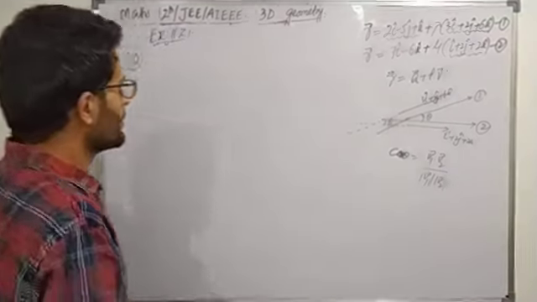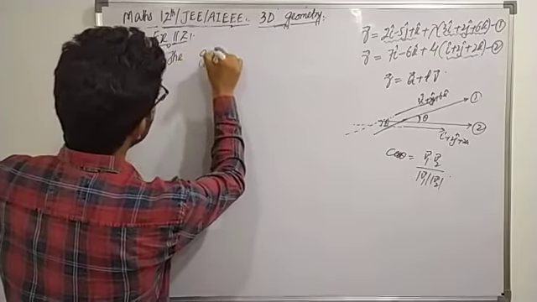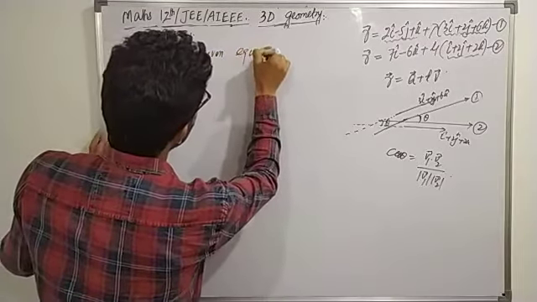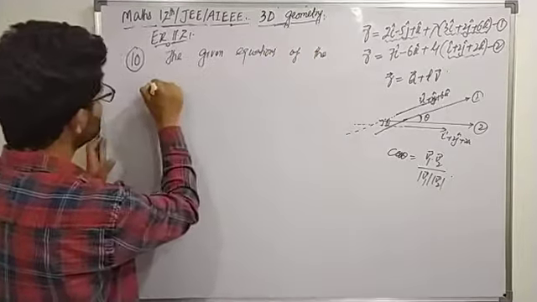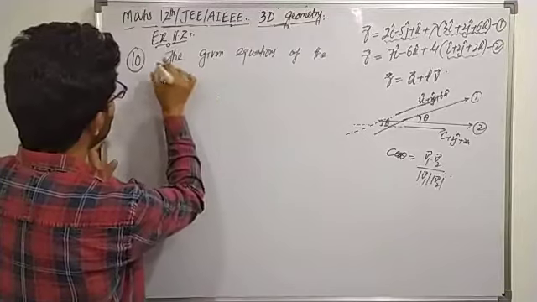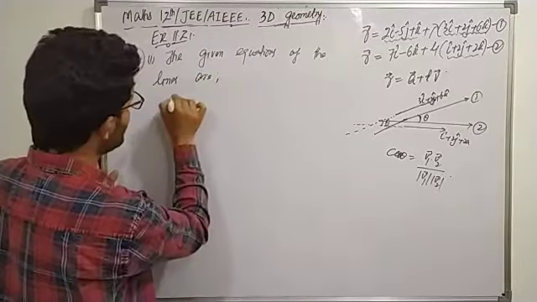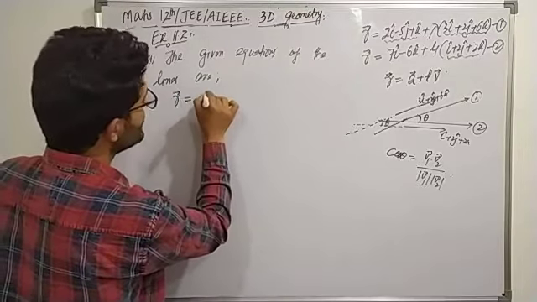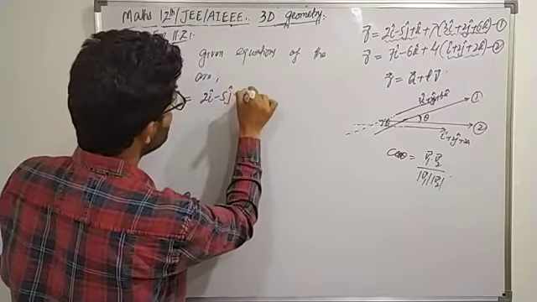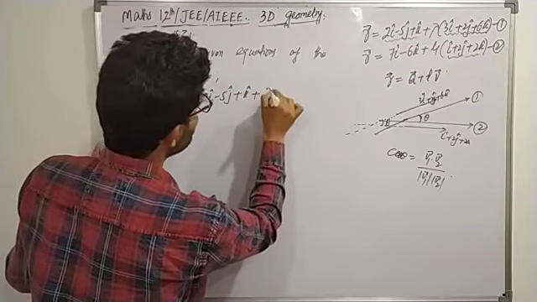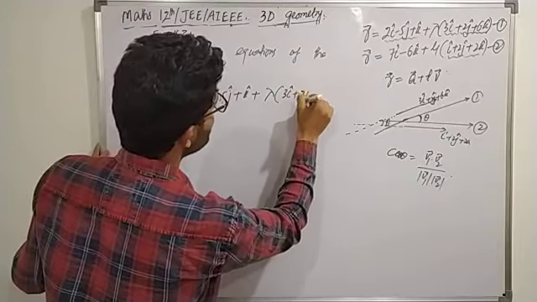Clear? So here we will mention the given equations of the lines. This is the first part of question number 10. What are they? R vector is equal to 2i minus 5j plus k plus lambda times 3i plus 2j plus 6k.